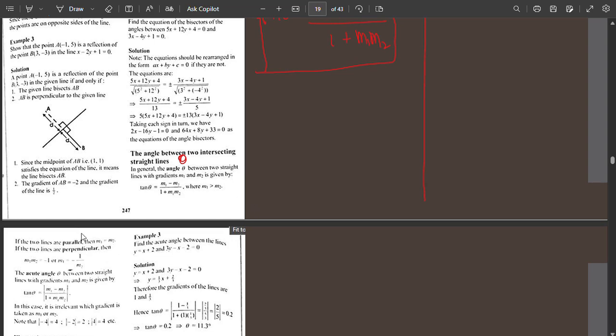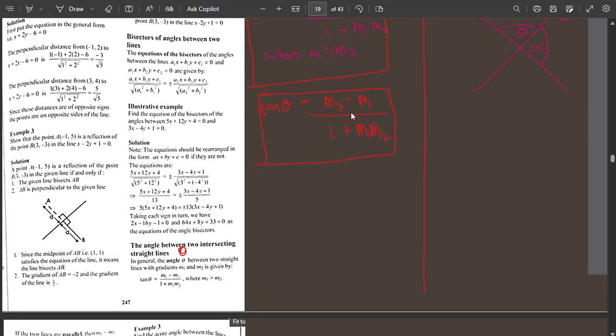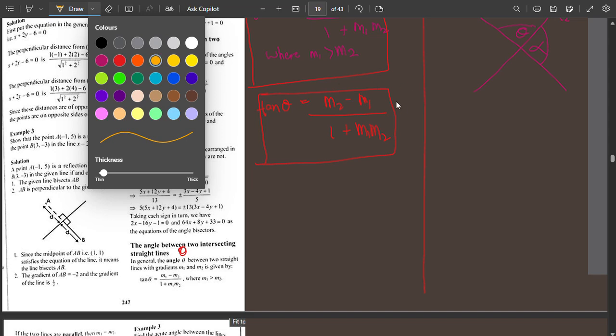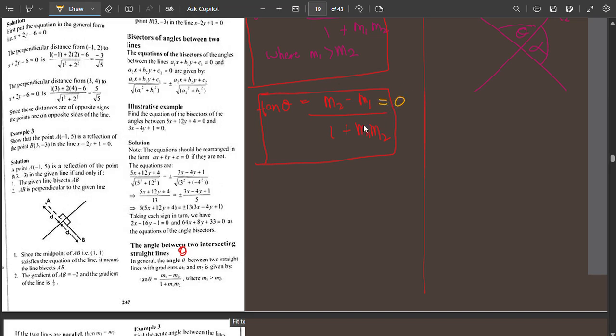If two lines are parallel, then m1 is equal to m2. If the two lines are parallel, then m1 and m2 are the same. So if they are the same, the numerator here becomes 0. Then tan theta is 0. Then theta is tan inverse of 0, and that is 0.